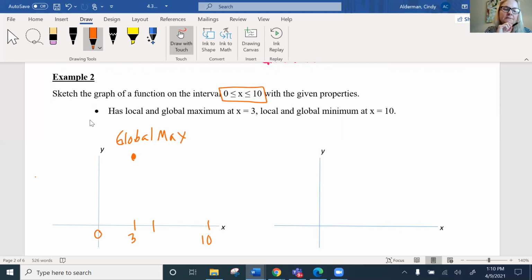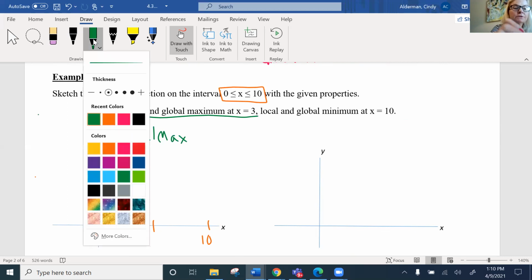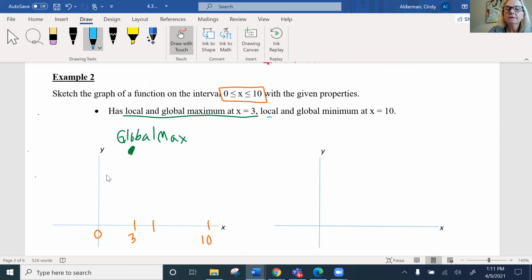Oh, shoot, I wanted to do that in a different color so we can follow this. All right, so local and global max at x equal to 3. And local and global, use a different color, here, at x equal to 10.